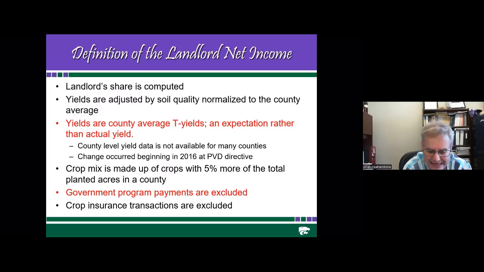And so if you want to see how that data is calculated and computed, we do surveys on a rotating 3 or 4 year basis to make sure that we're getting the common lease arrangement on a cash share on an annual basis to make sure, for example, that we have a good indication of what fence costs are, what the typical share of expenses that the landlord pays.